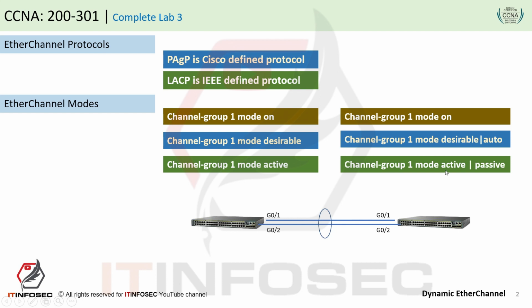When you configure an item as active, all its ports will be placed in active mode, and when you configure the other side as passive, it will be placed in passive mode. If an active port goes down, the passive one will be changed to active and enter the EtherChannel configuration.